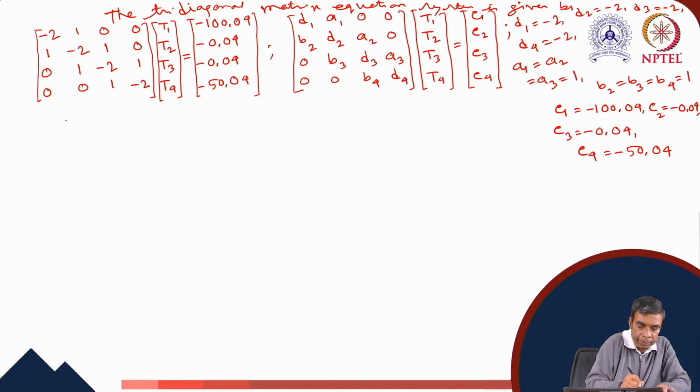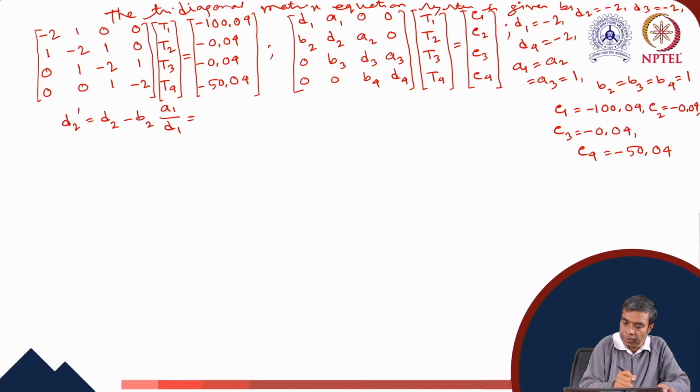Now we use the transformation relations. So we know that D2 dash equals D2 minus B2 into A1 by D1. So D2 dash will be D2, our D2 is -2, minus our B2 is 1, A1, this is also 1, divided by D1, D1 is also -2, so this is -2 plus half equals -3/2.